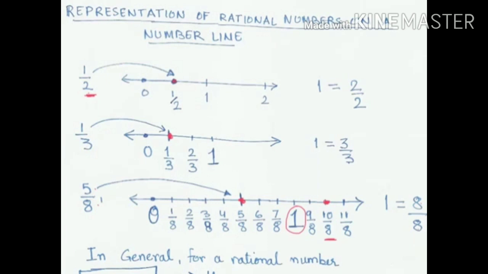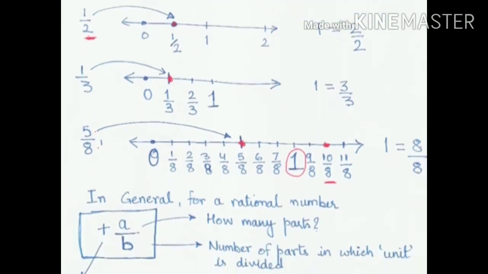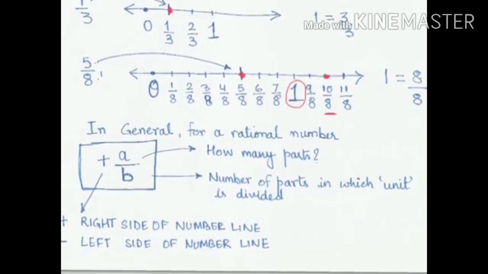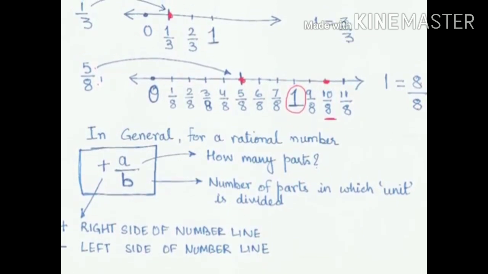So how do we generalize this observation of representing rational numbers on a number line? In general, for a rational number given, let's say a/b, the numerator tells how many parts you have to mark on the number line, and the denominator tells the number of parts into which the unit is to be divided, in this case 1.